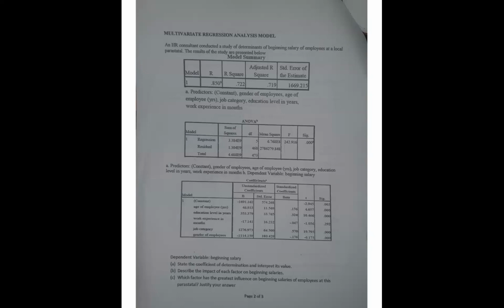Actually, what usually happens, the way you are supposed to learn it, but you can still learn this way, is that you are supposed to learn first physically how you come up with this output. What I mean is that you start by calculating, for example, how do they get these figures?